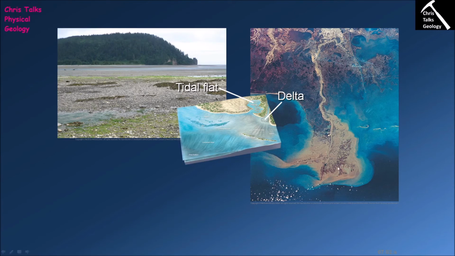A delta is going to have sedimentary processes associated with the rivers, which are transporting the sediment in. You're going to have sedimentary processes associated with waves along the edge of the delta, with tides, and with the wind blowing around the sediment that's exposed on the top of the delta. So you can see a delta is a very complex sedimentary structure.